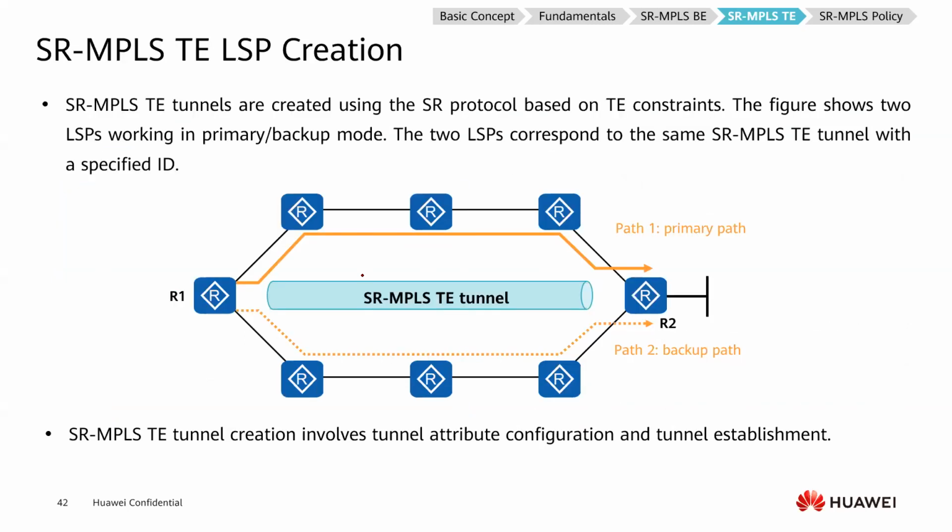Now, creation: how to create the SR-MPLS TE LSP. First, of course, you can do the calculation on the controller, or you do it yourself by creating a static LSP. But for the traffic to go into the TE tunnel, if you configure SR-MPLS TE this way, you need to create a tunnel interface first.